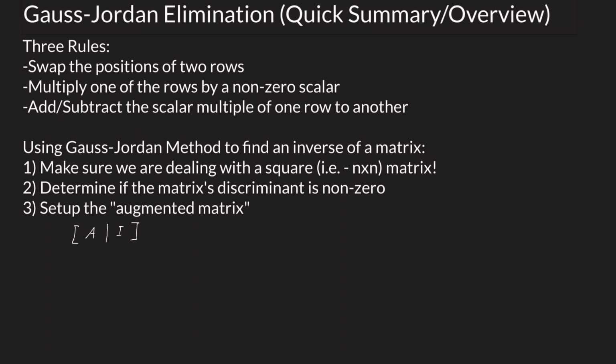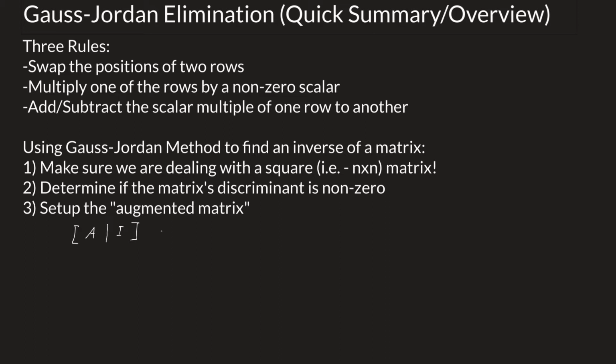So this is, you could say, the theoretical part of it. Now, our goal is to get the A to the other side where the I is, and ultimately get the I on the left side of the vertical line.